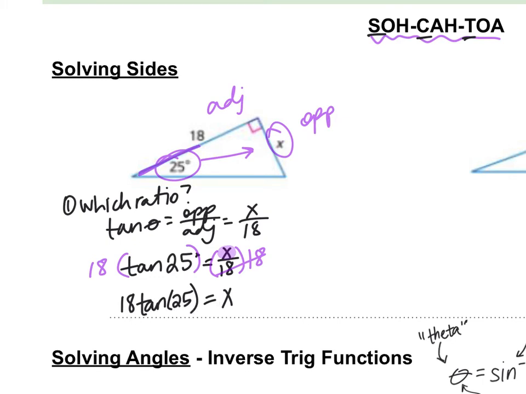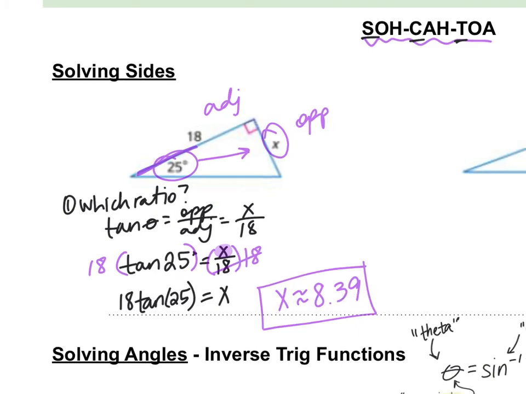You should get a value of x as being approximately 8.39. All of this will be done in your calculator. The main part you do on paper or by hand is getting that variable isolated. Once you type that in your calculator, this will be your answer. Let's look at another example.